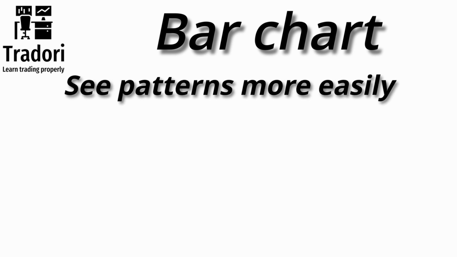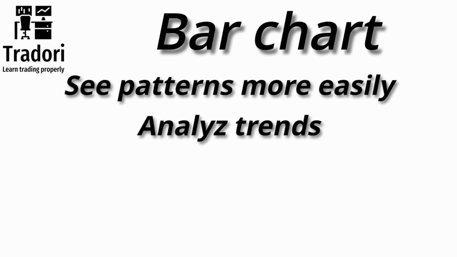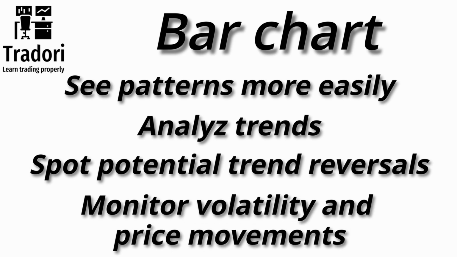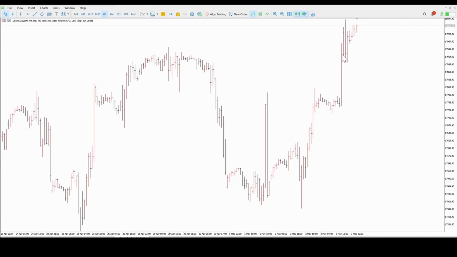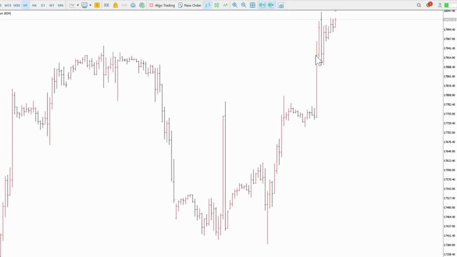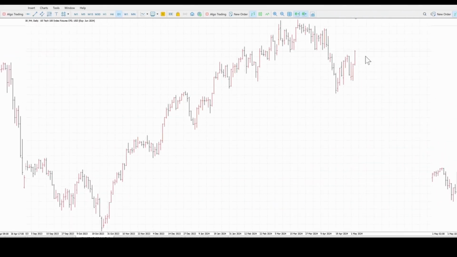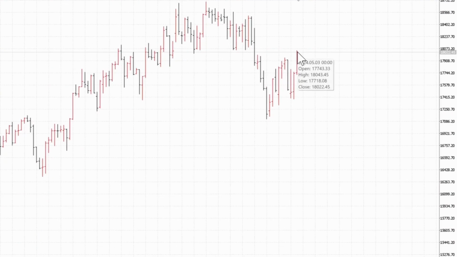A bar chart allows traders to see patterns more easily, analyze trends, spot potential trend reversals, and monitor volatility and price movements. An hourly bar chart, for example, would show the highest, lowest, and closing prices of each hour, as well as the traded volume. Similarly, a daily bar chart would show the highest and lowest prices of the entire day and the total volume of the day.